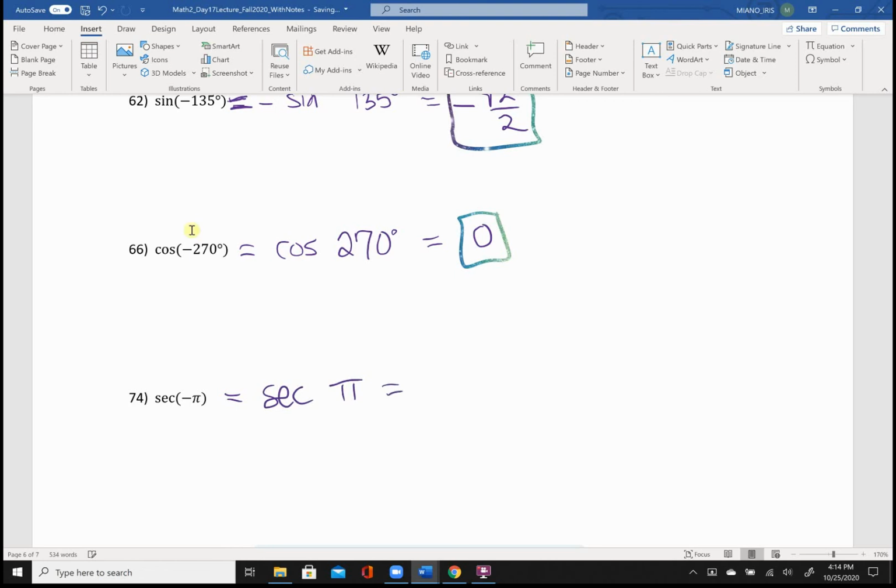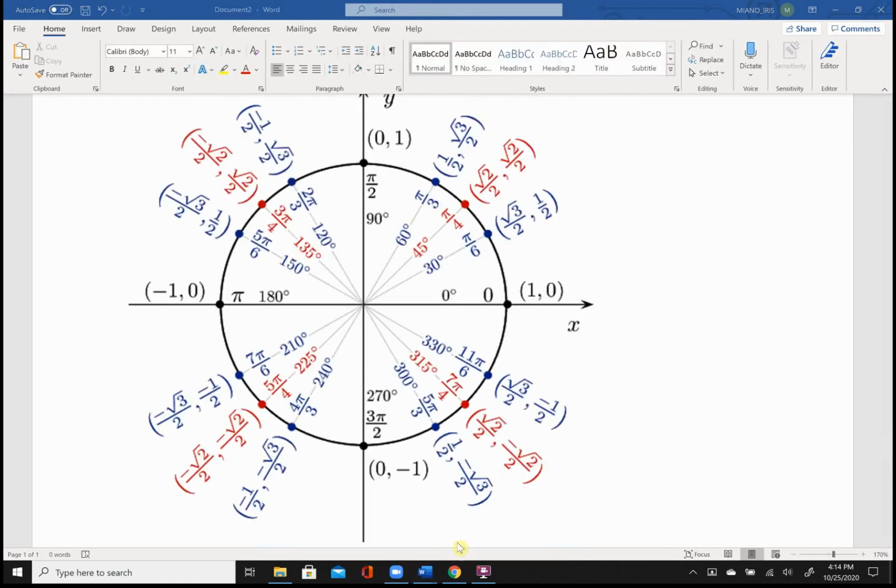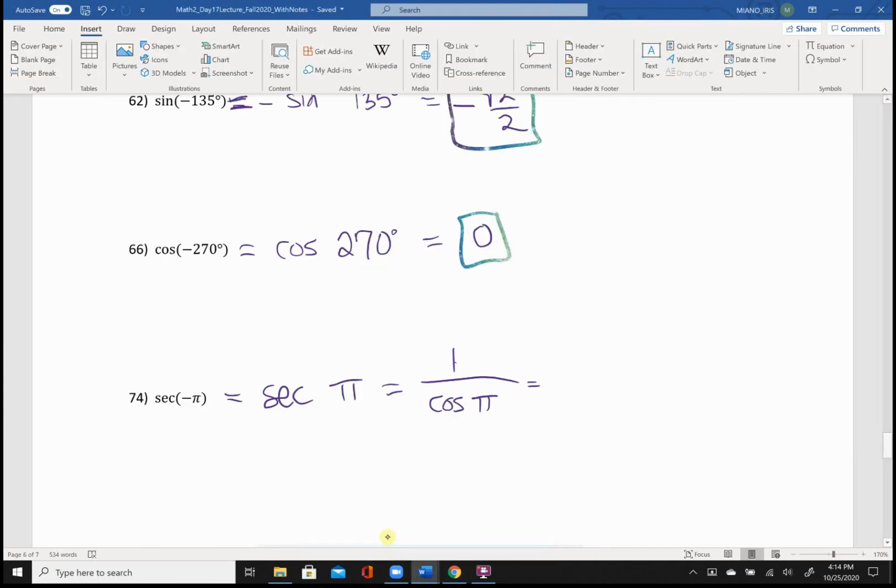So the secant is 1 over the cosine, right? So the cosine of pi, again, we can look at the unit circle if we want to. Where's pi? Here's pi, and the cosine is going to be negative 1 at pi. So that means this will be equal to 1 over negative 1, which is negative 1.